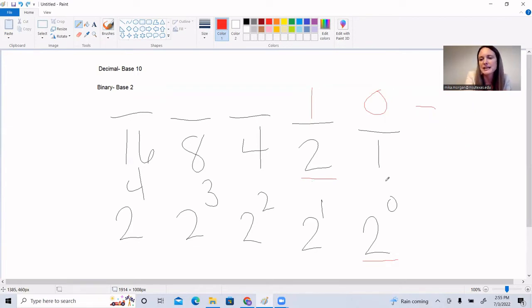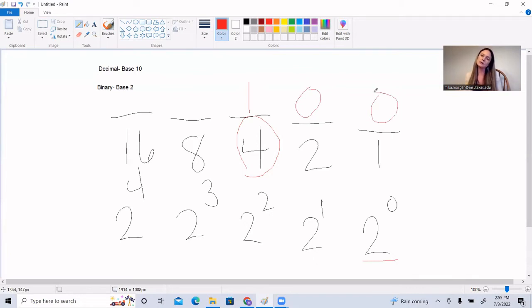So how could I represent the number 3? Well, if I wanted a 3, I would need a 2 and a 1. 2 plus 1, 3. What if I wanted to represent the number 4? Well, then I need to come up here to the 4's place. And then I wouldn't need anything else, so these would be zeros.